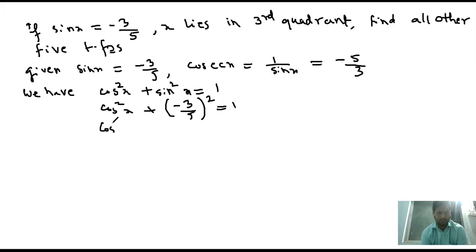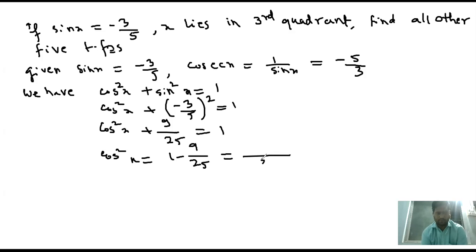We can write cos square x plus 9 by 25 is equal to 1. So cos square x is equal to 1 minus 9 by 25, taking it to the RHS.